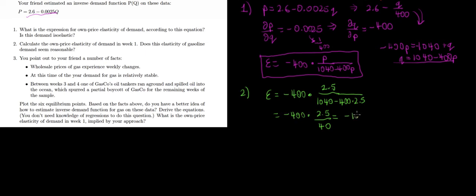This is negative 10 times 2.5, and this is equal to negative 25. Okay, so that means that the own price elasticity of gasoline is negative 25. That is a huge number. That means that if we have a 1% increase in the price, that's a negative 25% decrease in the demand. That is huge. That seems a little bit unreasonable.